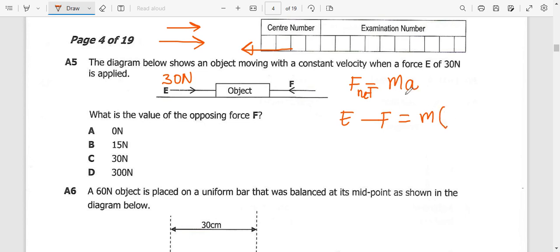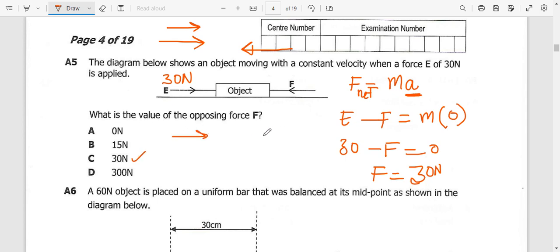Because the acceleration here is zero, we put E, which is 30, minus F equal to 0. If you take F to the other side, F is equal to 30 newtons. So that is the answer. The same force they've given you is equal to the friction if something is moving at a constant velocity.